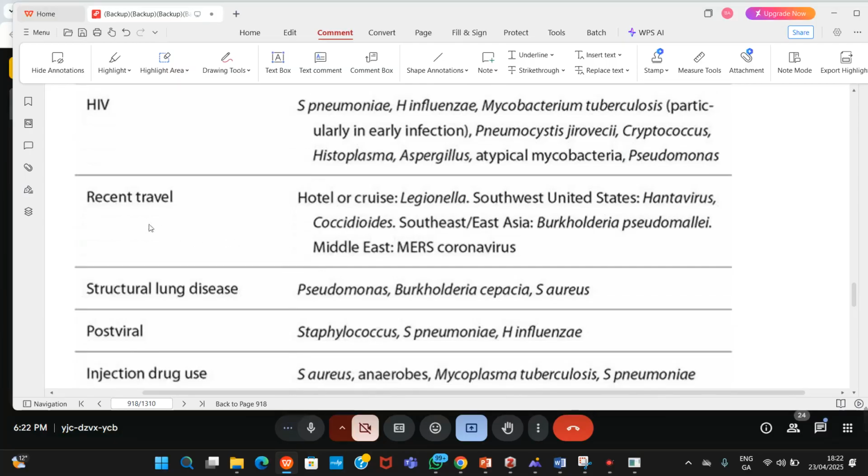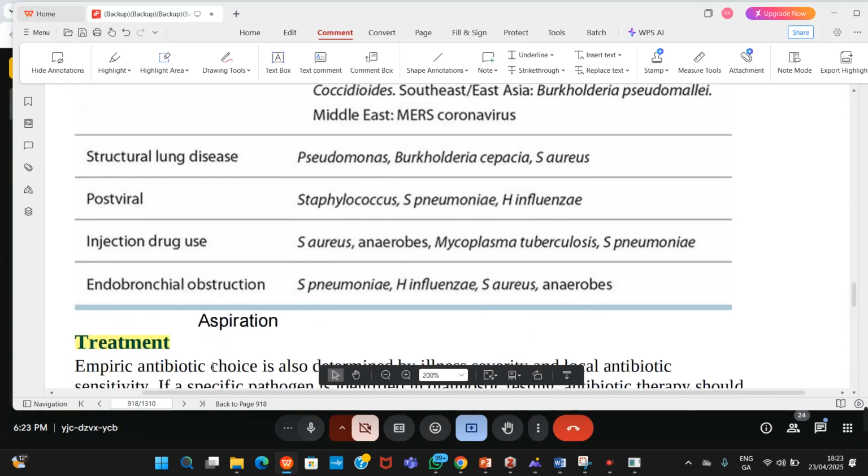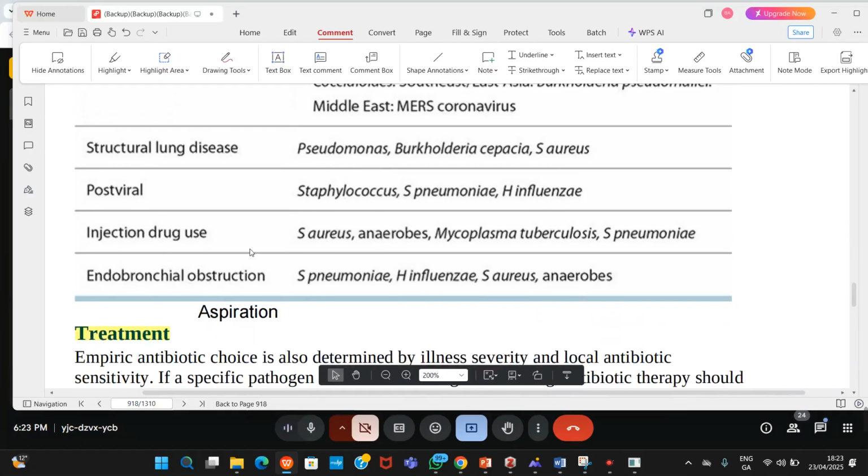Strep pneumo, TB, and the fungi. People that have traveled, maybe on a boat cruise or hotel, think Legionella, with neurologic symptoms and diarrhea. Structural lung disease, think about Pseudomonas and Staph aureus, depending on the age. Adolescents, Pseudomonas; young child, Staph aureus.